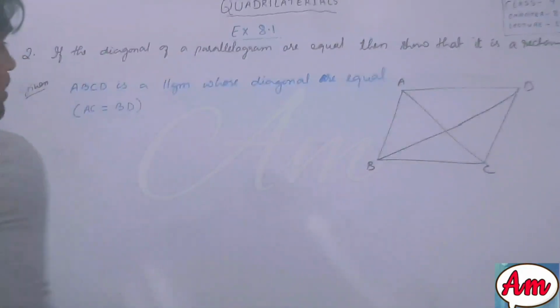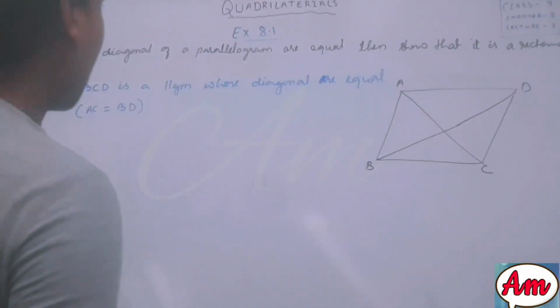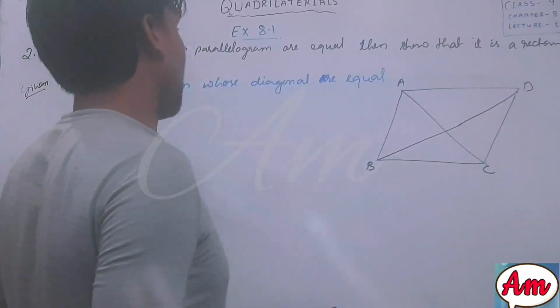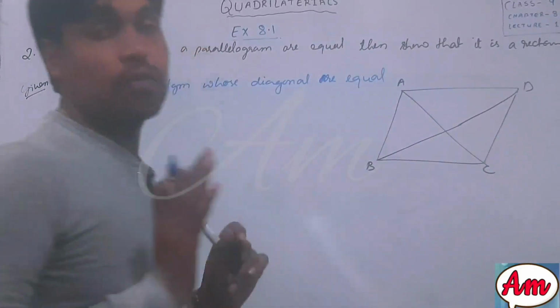That's better. Okay, so we have written these are the things given. ABCD is a parallelogram whose diagonals are equal. AC is equals to BD.